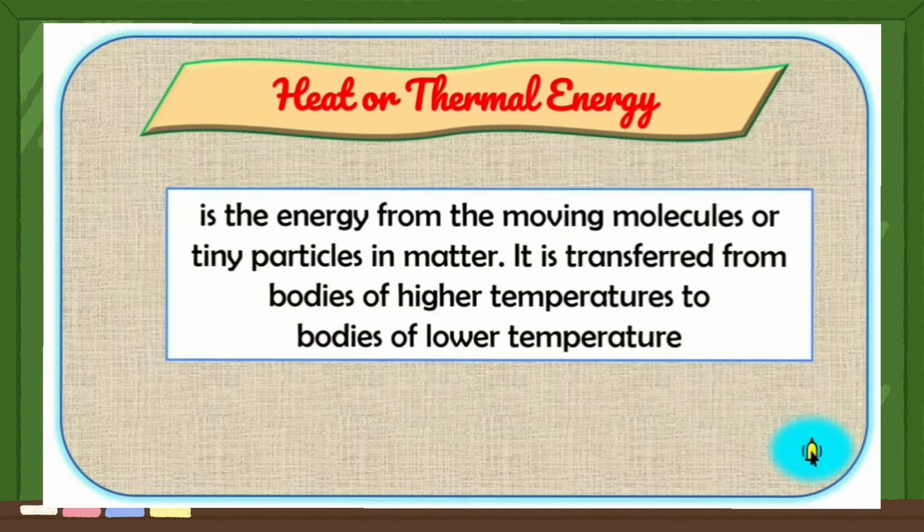Next, we have heat or thermal energy. When we are talking about heat or thermal energy, it is the energy from the moving molecules or tiny particles in matter. It is transferred from bodies of higher temperature to bodies of lower temperature.